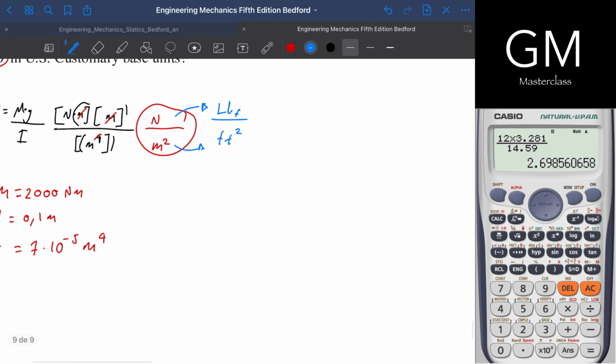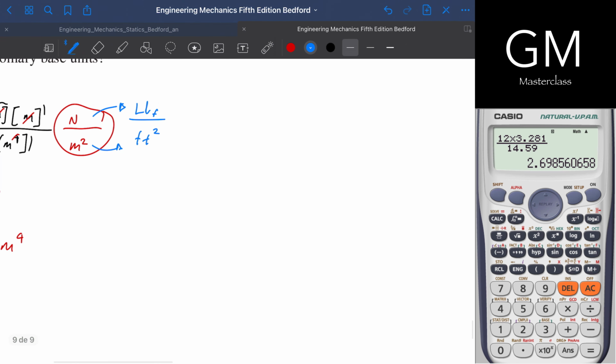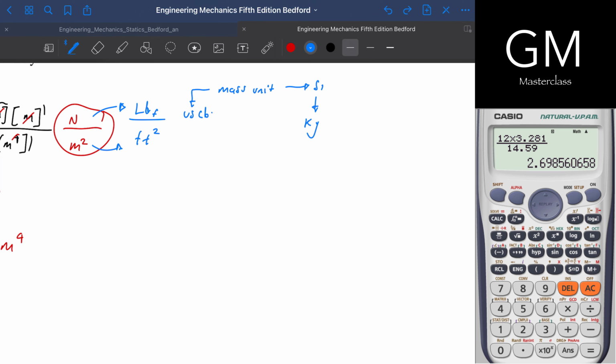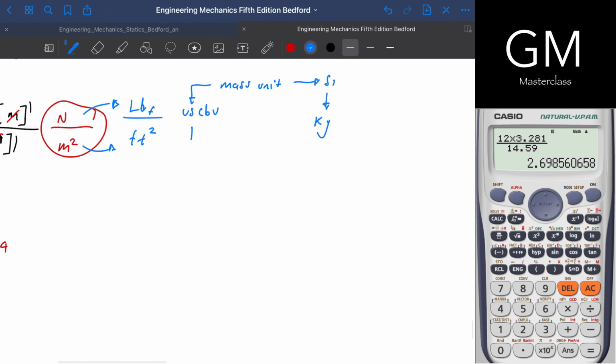So remember this, when we're talking about a mass unit in international system units, we will have to talk about kilograms. And in US customary base units, then we could talk about a slug or a pound.